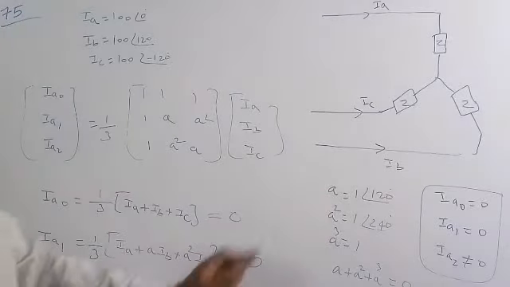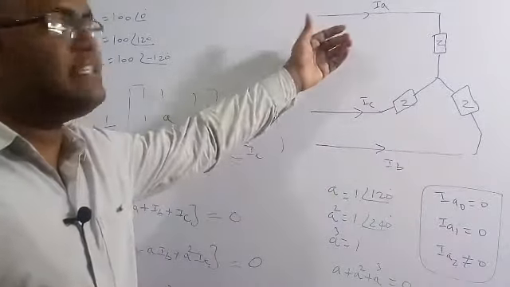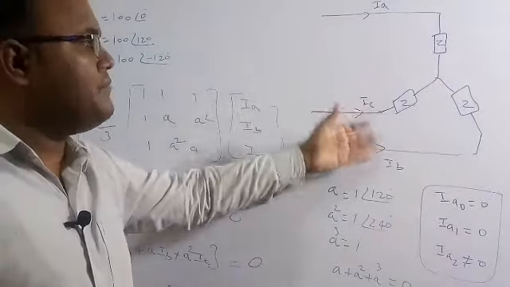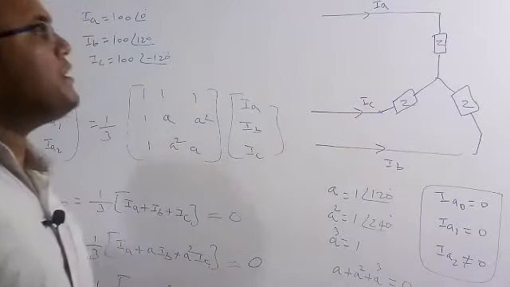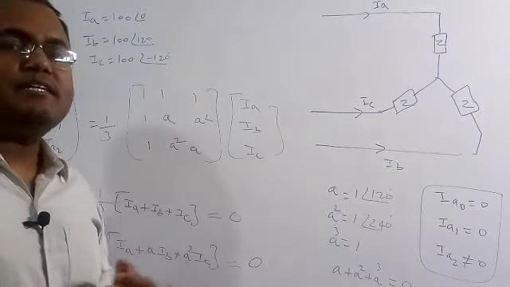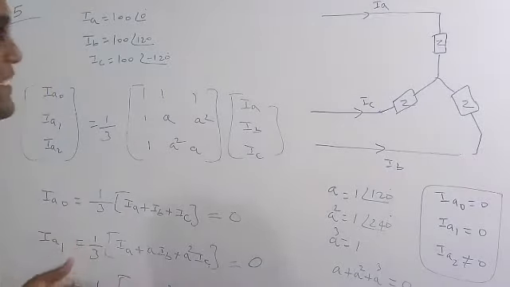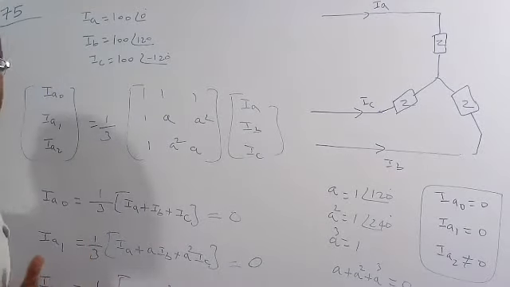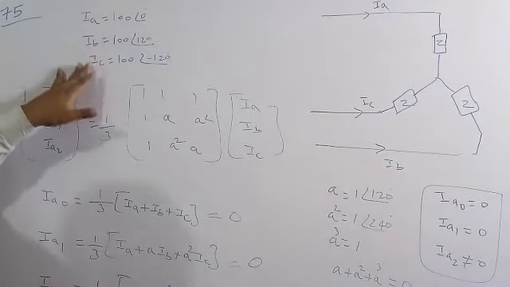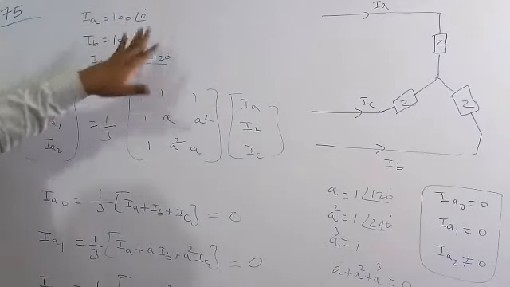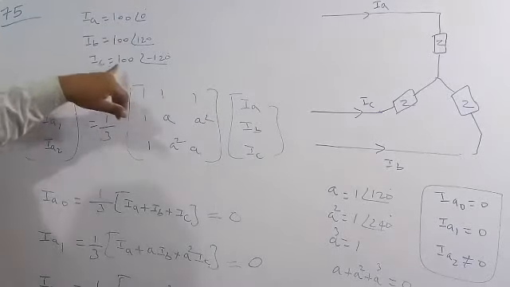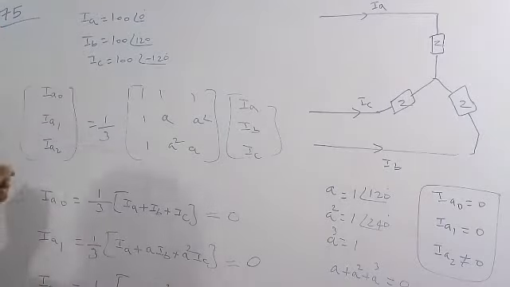So in the question they have given a star connected load and the currents in the individual phases IA, IB, IC. So we need to find the nature of the symmetrical components, which is the 0 sequence current, positive sequence current and negative sequence current. IA, IB, IC given in the question are 100 angle 0 degree, 100 angle 120 ampere and 100 at an angle of minus 120. So now we need to find the 0 sequence, positive sequence and negative sequence.